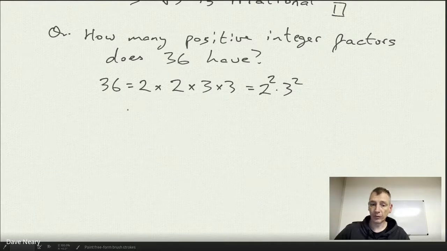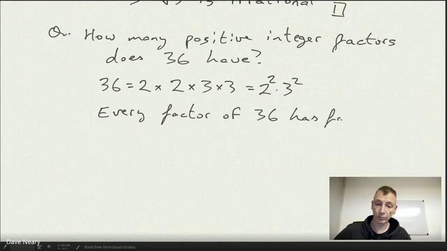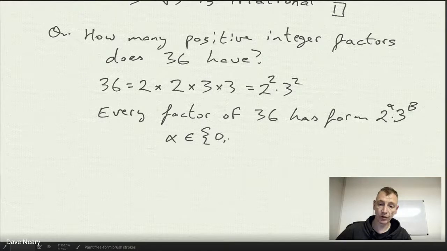Well, we know that every factor of 36 must have the same form: 2 to the alpha times 3 to the beta, where alpha is one of 0, 1, or 2.